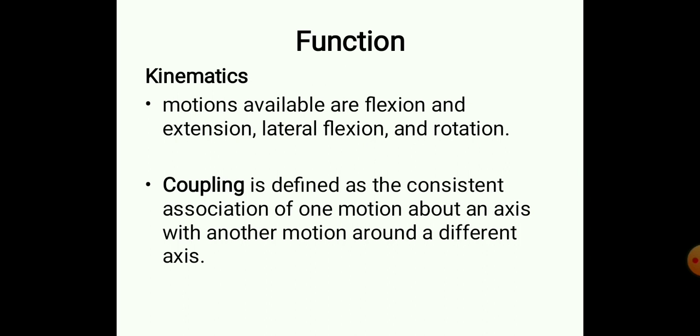The best example is lateral flexion, which happens in one axis, but is accompanied by a rotatory force or rotation of the vertebral column in another axis. So coupling is always an associated movement happening along with a movement in the spinal column.